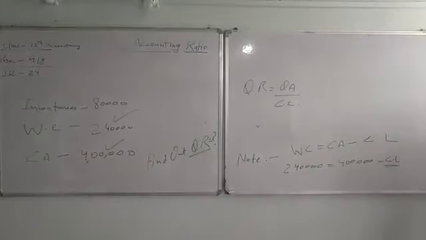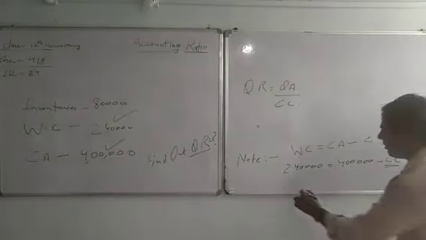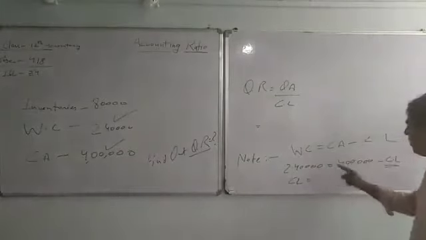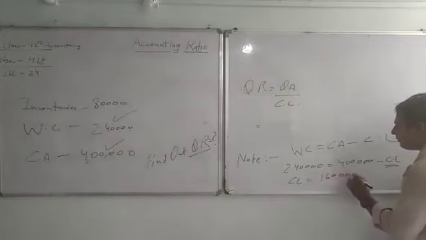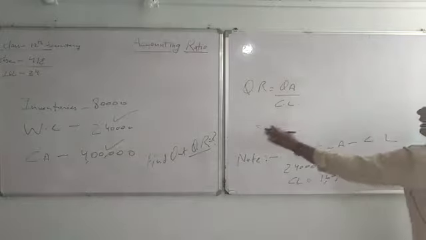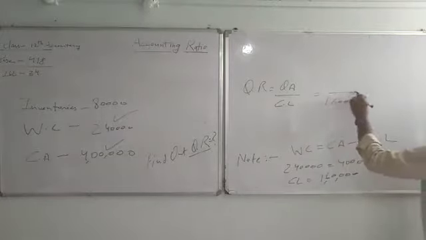So current liability is equal to 4 lakh minus 2,40,000 is equal to 1,60,000. I am just writing here 1,60,000 current liability.